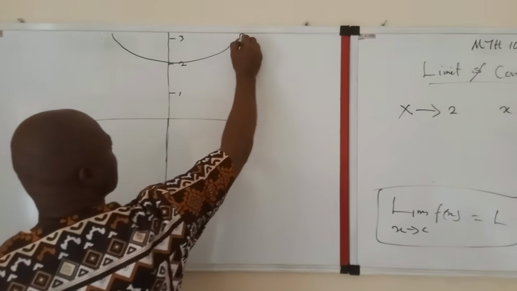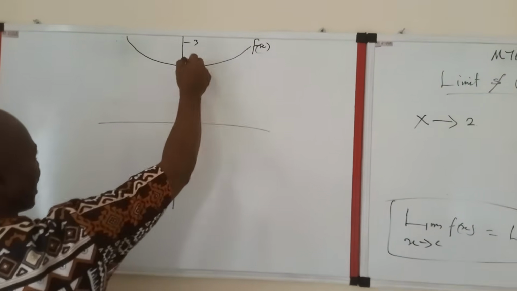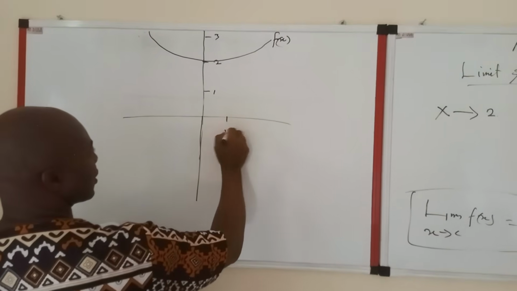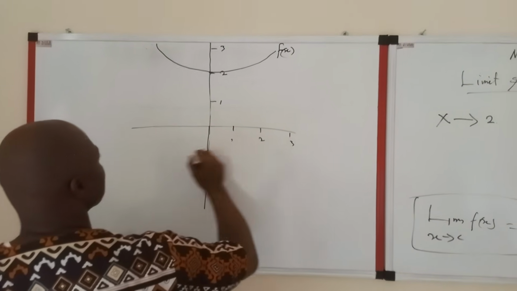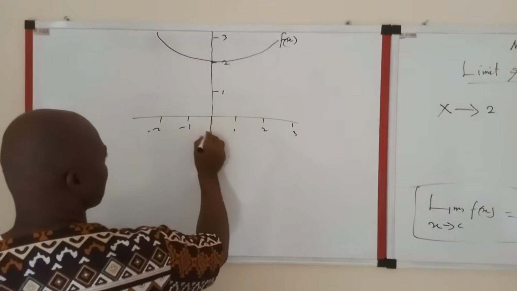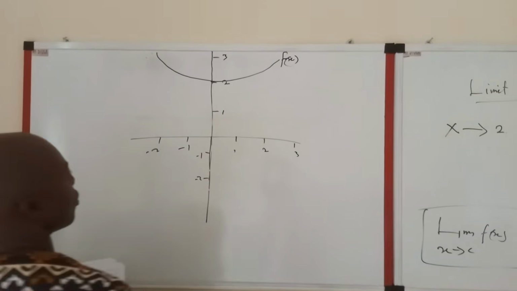This is a function, say f of x, it passes through that point 2, where here is 1, here is 2, here is 3, here is -1, here is -2, and so on.